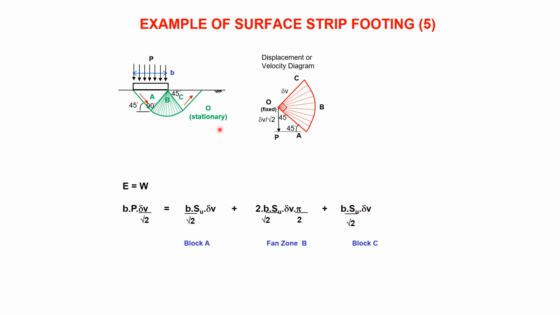Block C will be the same. The length is B over root 2, multiplied by strength, multiplied by the displacement, delta V. The fan zone, remember from the equation for the fan zone, we have 2 times the radius of the fan zone, that's that radius there, which is B over root 2 again, multiplied by the strength, multiplied by the displacement, and the displacement is delta V at pi over root 2.